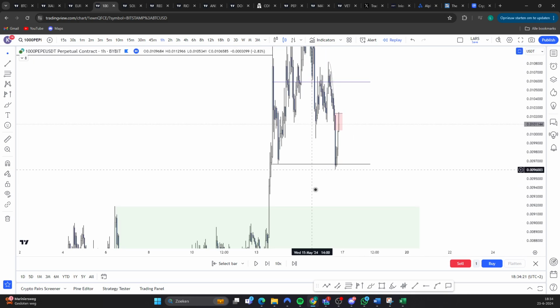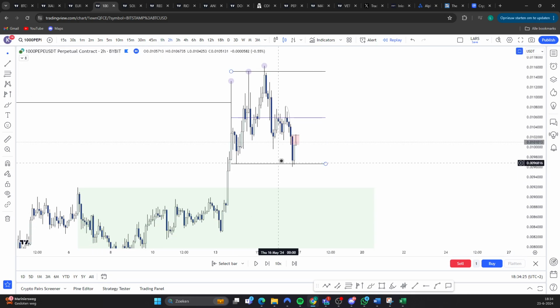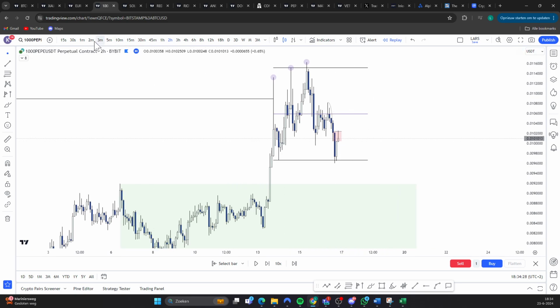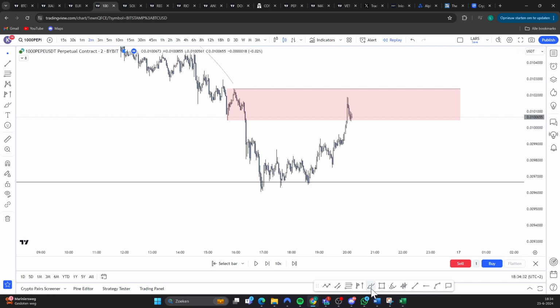So we did deviate the low from here. But the way we came up is not the best. Just leaving this low here and then every low being a higher low, kind of leaving this liquidity curve.